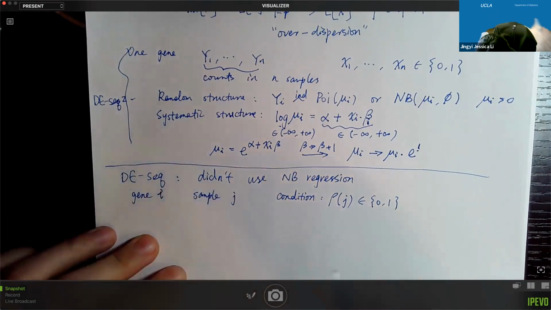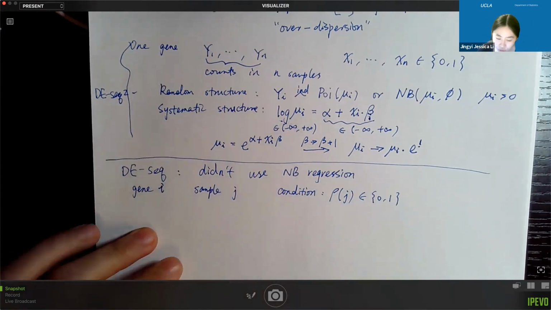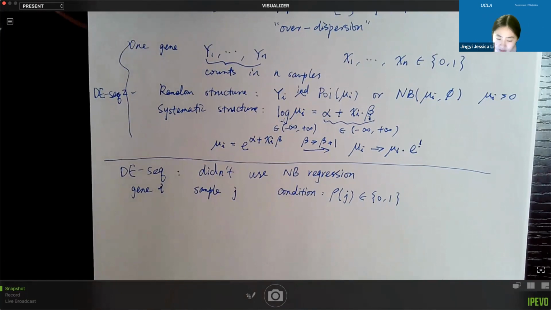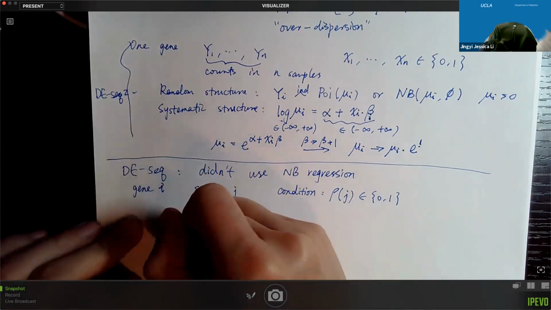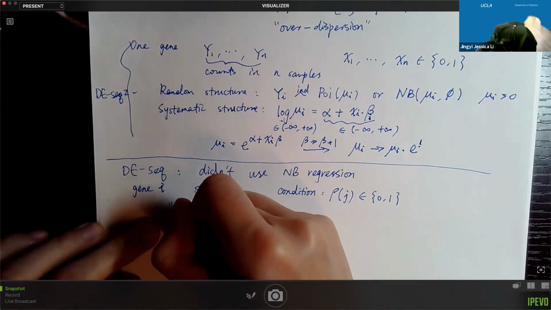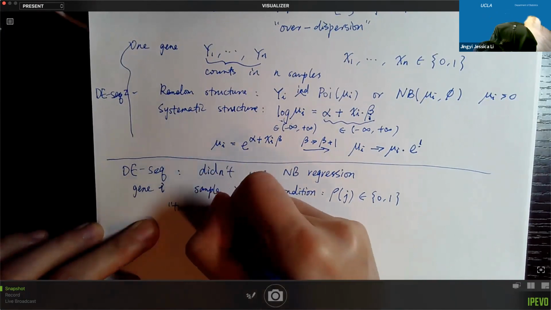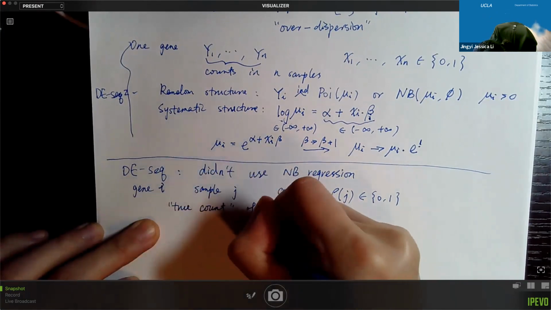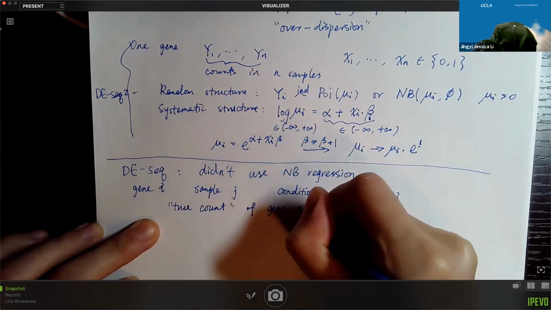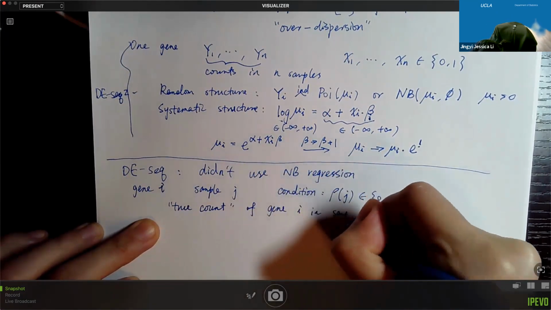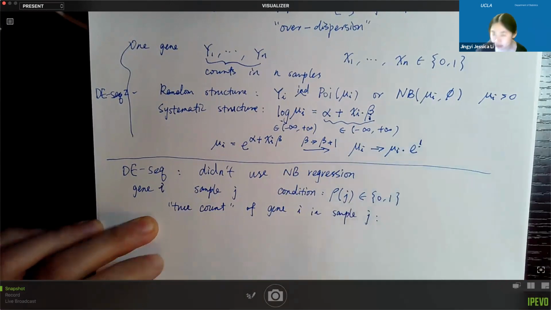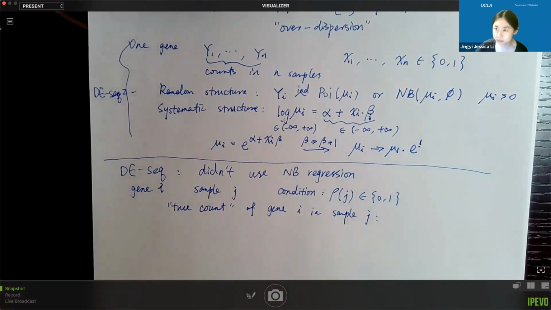So sample-specific effect, which is considered to be multiplicative. Therefore, DESeq assumes two layers. The first layer is the actual count of gene i in sample j. So that's the true count of gene i in sample j. You may consider this true count to be the copy number of mRNAs of this gene, right?